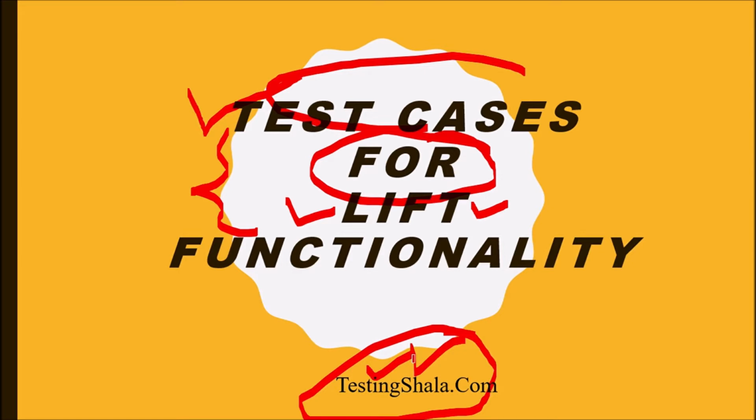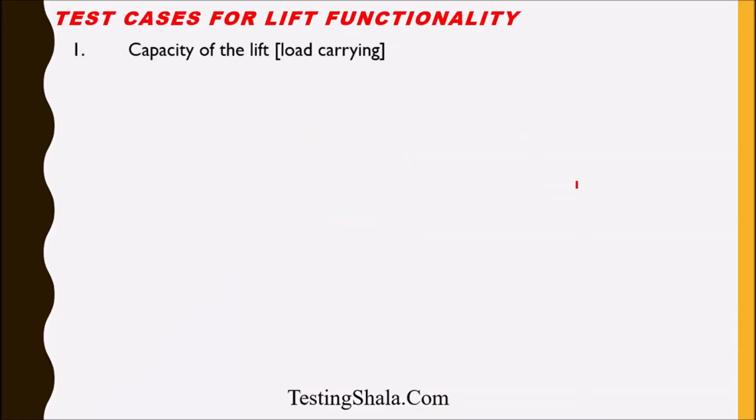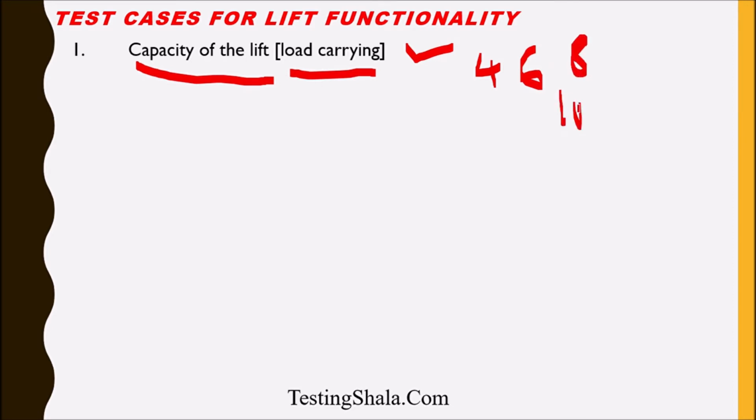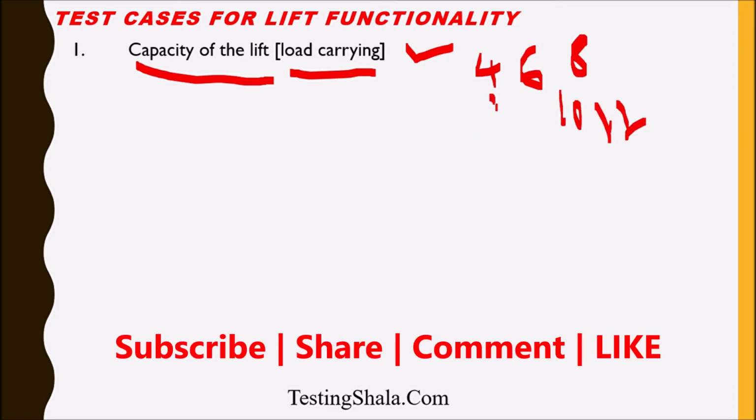So let us understand what are the different types of test cases which you can write for the lift functionality. The first test case you should write, which is a very critical test case, is the capacity of the lift or load carrying capacity. A lift is meant for 4-person carrying capacity or 6, 8, 10, 12, something like that.